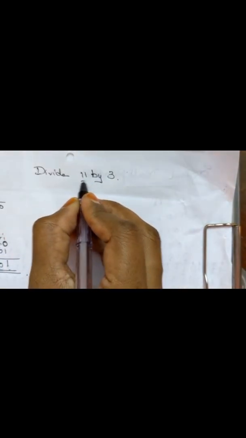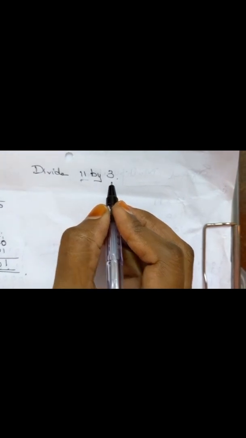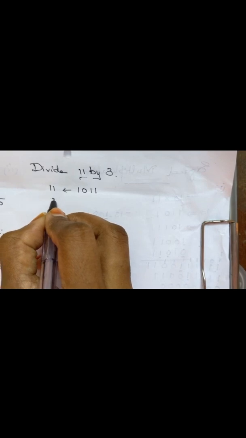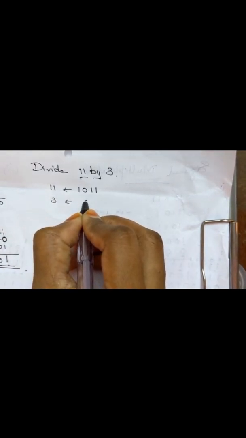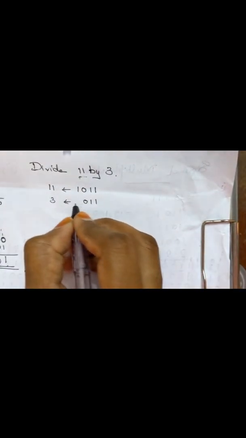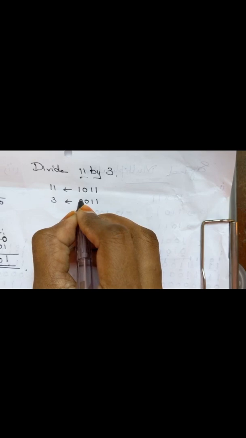So before that, you need to know the binary of 11 and 3. 11 in binary is 1 0 1 1. 3 in binary is 0 1 1. To make the bits the same, we make it 0 0 1 1.